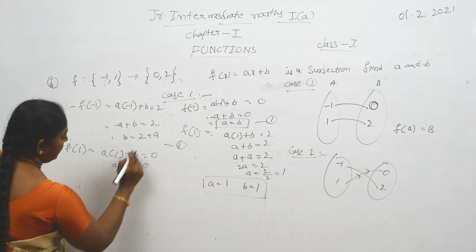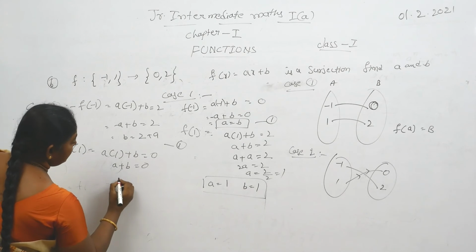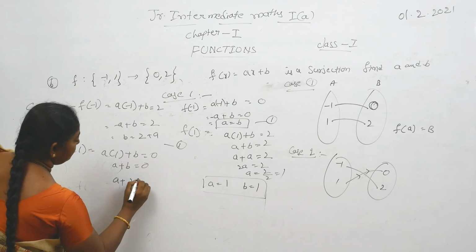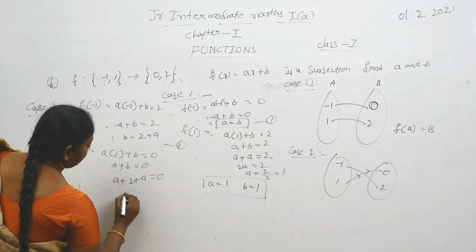So here substitute the b value here. So a + 2 + a = 0.